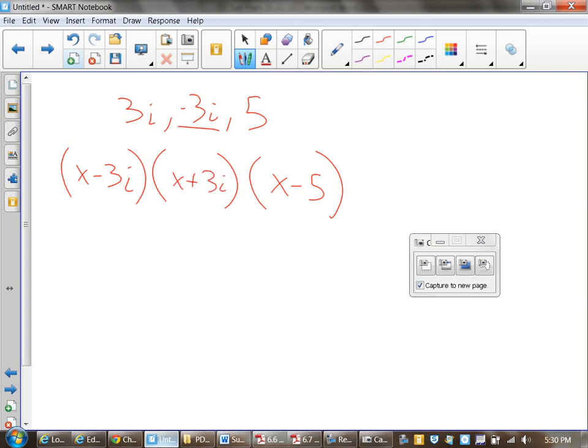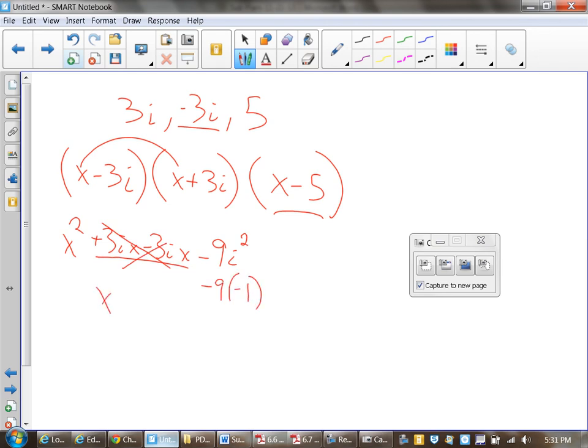Again, all you have to do is FOIL it. So we'll worry about the x minus 5 later. Let's FOIL this. We wind up with x squared plus 3i x minus 3i x minus 9i squared. Your middle terms here drop out. And remember, minus 9 times negative 1 is x squared plus 9, times x minus 5.